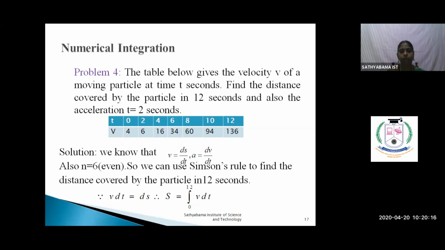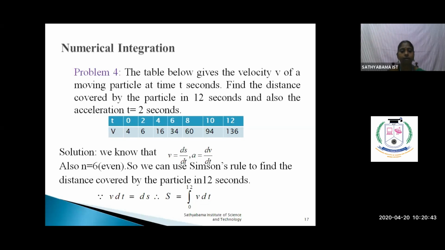So 0 to 12: a is equal to 0, b is equal to 12. For this, we want to find that distance. Now, what is velocity? The rate of change of distance or displacement, so ds by dt is the actual formula. But what we require is the distance, so how can I get the distance?